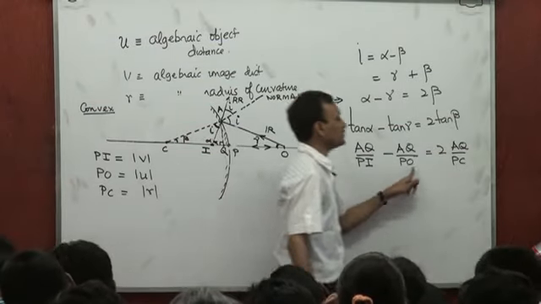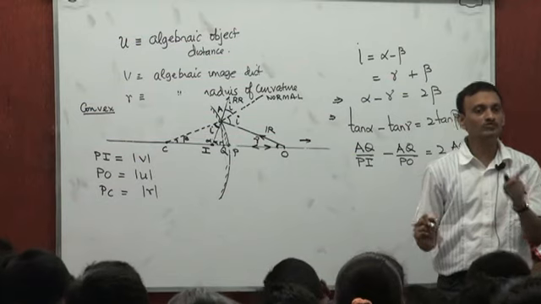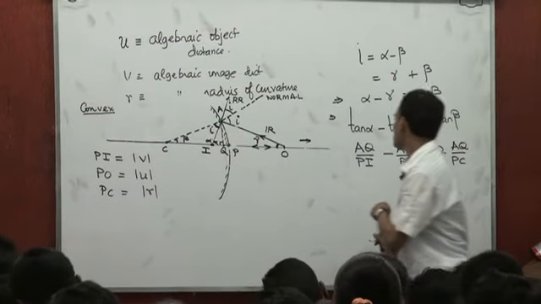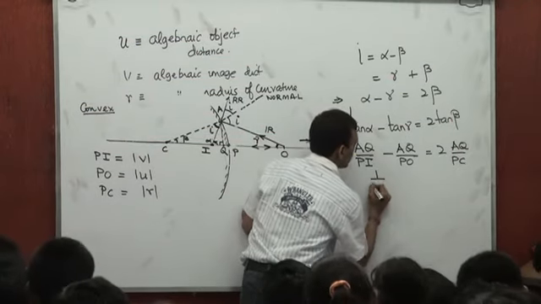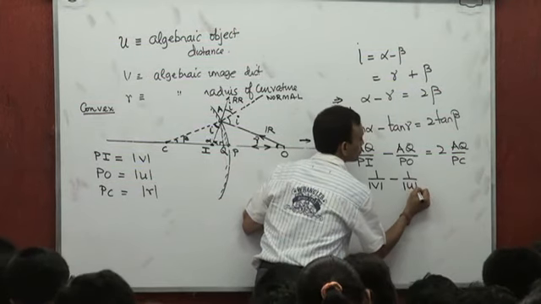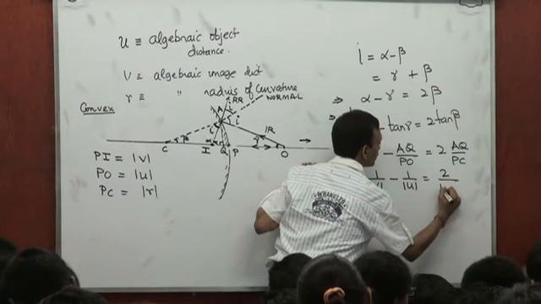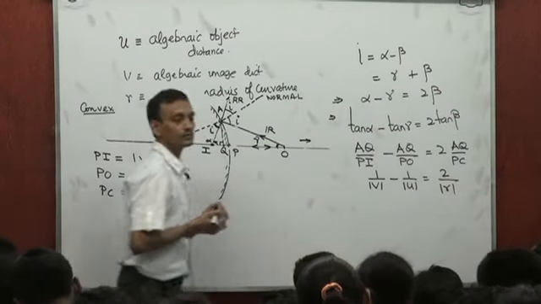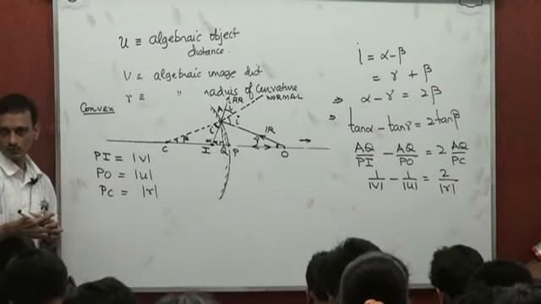So replacing PI, PO, PC by mod V, mod U, mod R, I get 1 by mod V minus 1 by mod U is 2 by mod R, right?